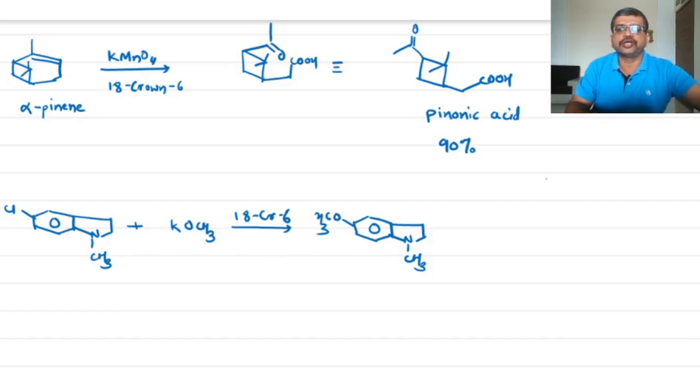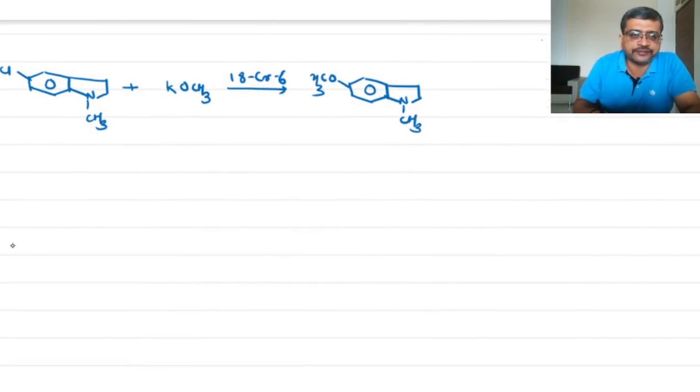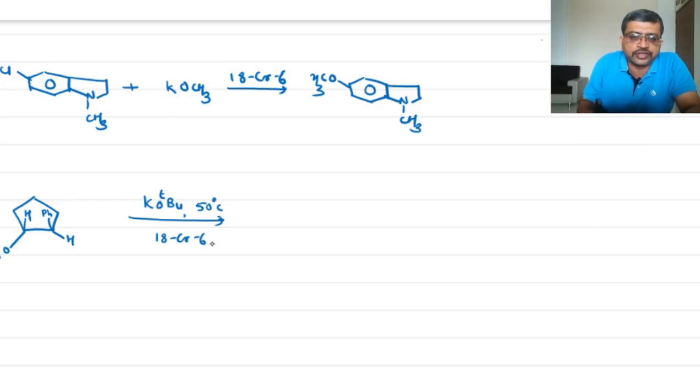Similarly, elimination reactions have been reported with greater selectivities. For example, we have here H and here a hydroxy group tosylated, and in this case we have a phenyl ring and a hydrogen. When we are using potassium tertiary butoxide at 50 degrees Celsius, the reaction is carried out in presence of 18 crown 6.